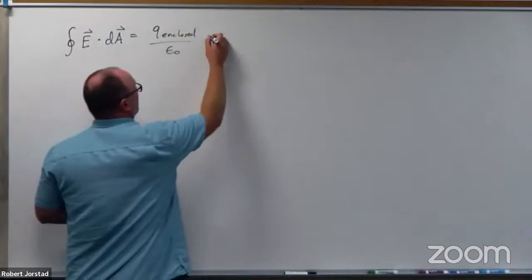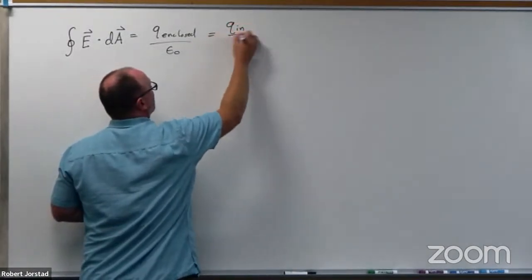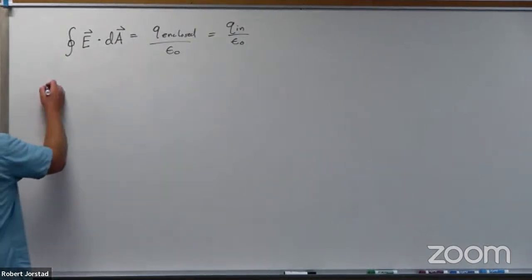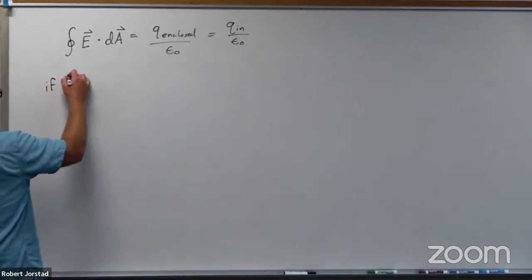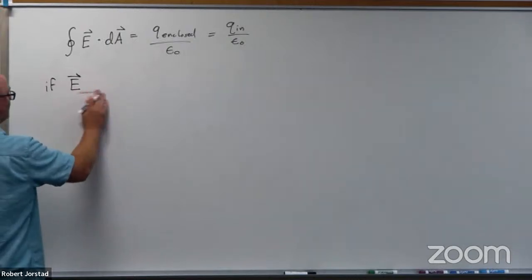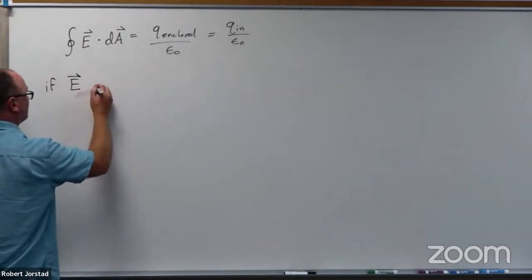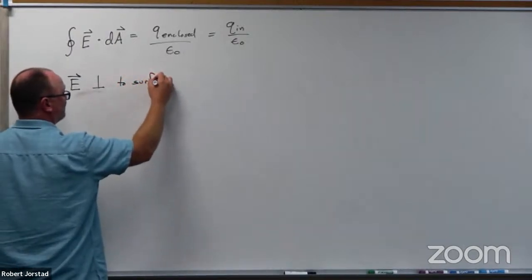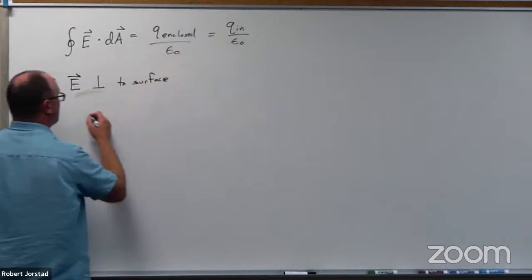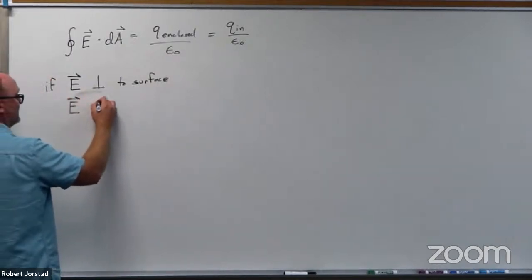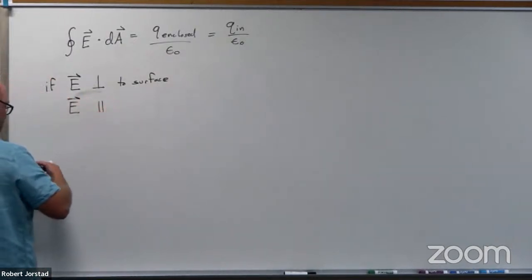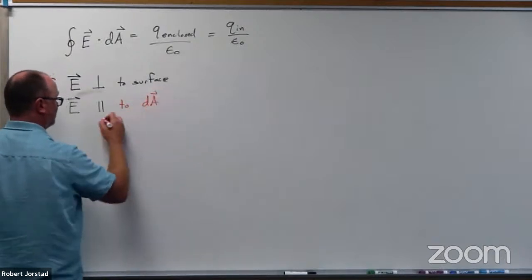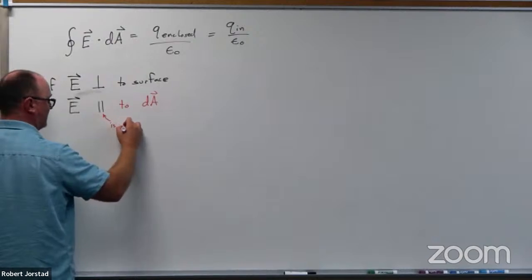Sometimes I get lazy and I'll just call this Q in over epsilon naught, all right? Now, if E is perpendicular to the surface, E is parallel to dA. So to be clear, that means E is parallel to dA.